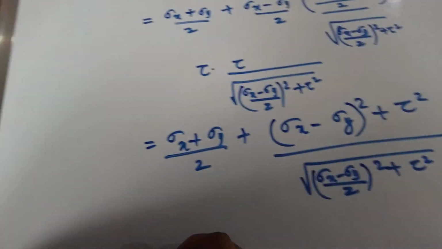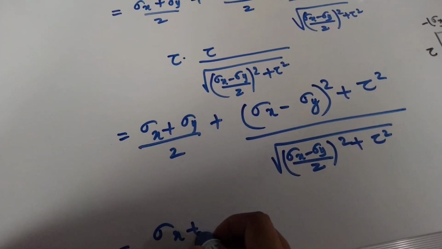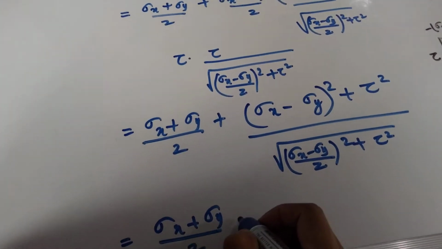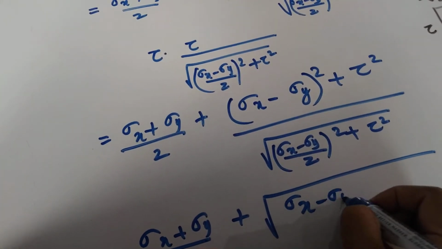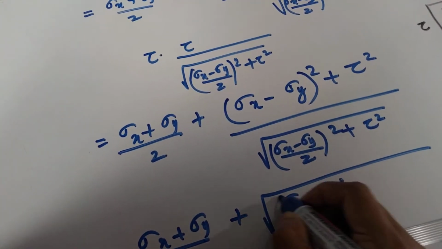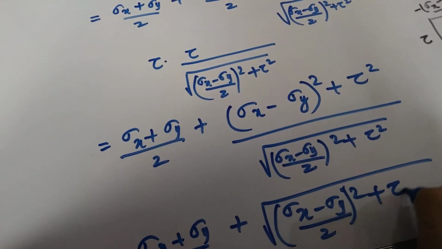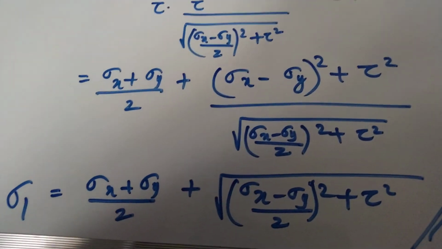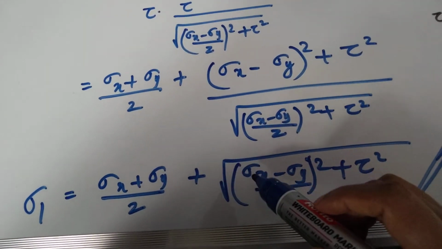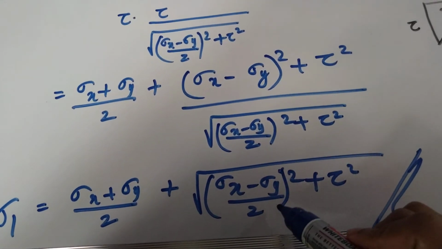So the equation is (sigma x plus sigma y)/2 plus root of ((sigma x minus sigma y)/2) whole squared plus tau squared. That is your expression for sigma 1.